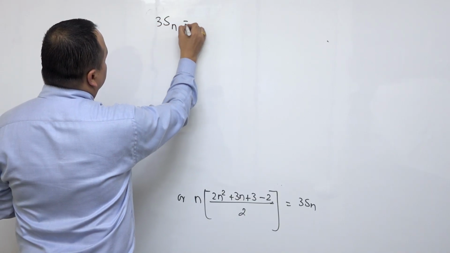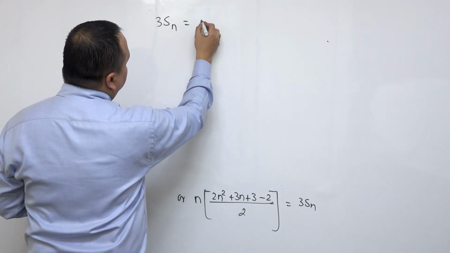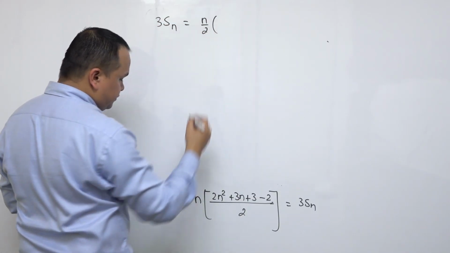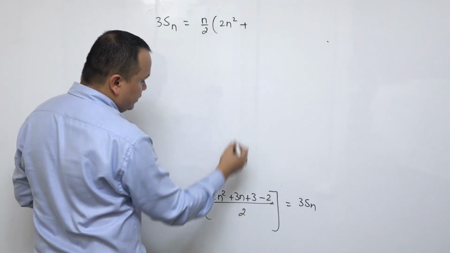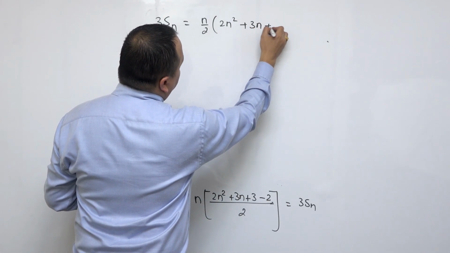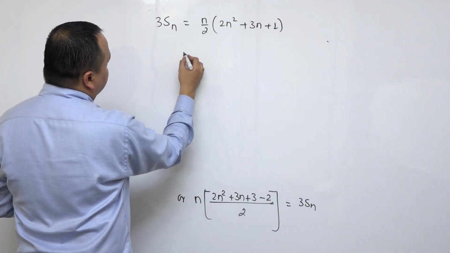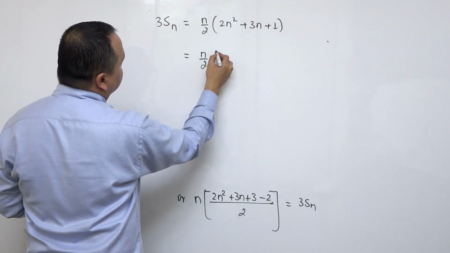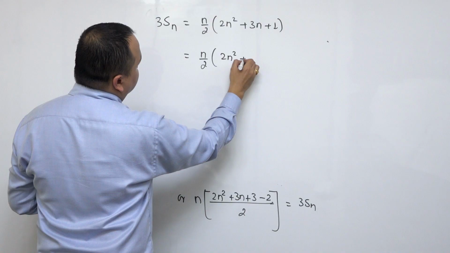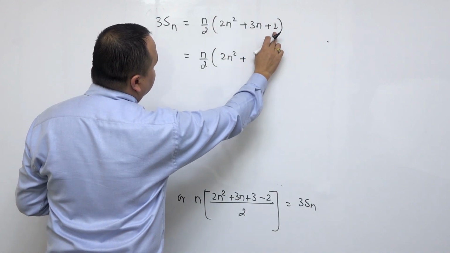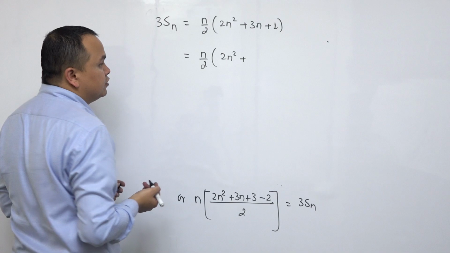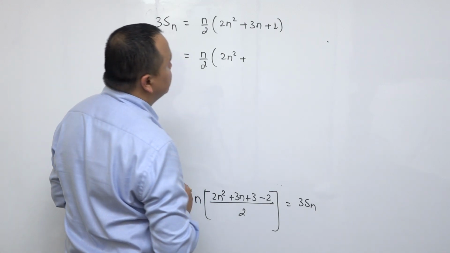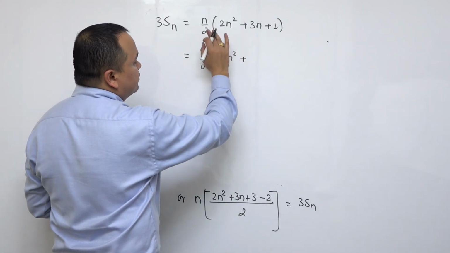3Sn is equal to n by 2 times 2n square plus 3n plus 1. For 2n square, 2 into 1 is 2, and here is plus 3. We need to find two numbers whose sum is 3 and product is 2.